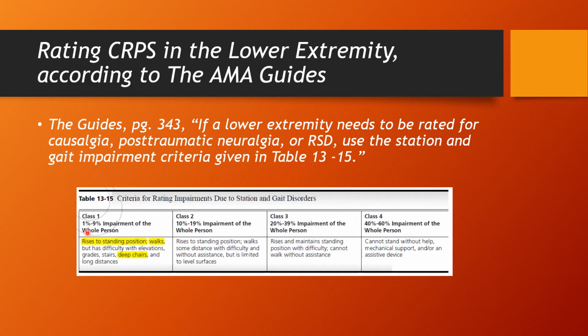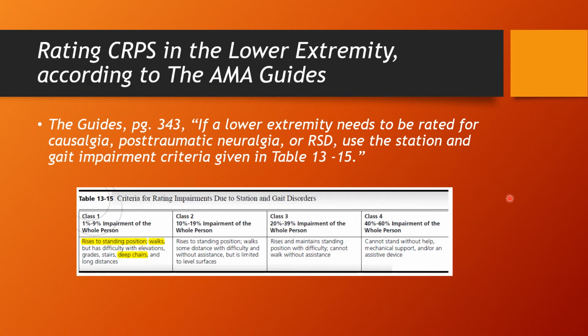So you go then to a class of 1 through 4. You can go from 1% all the way up to 60%. Again, just provide your reasoning, what you came up with, and how you came up with the number. So that brings us to the end of the rating process for determining the impairment for the upper and lower extremity of the CRPS.